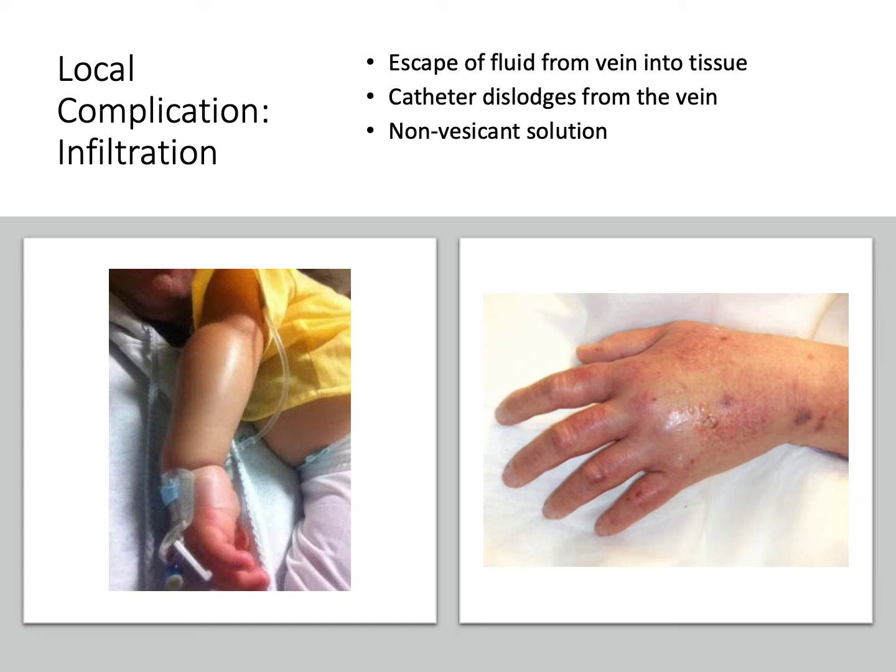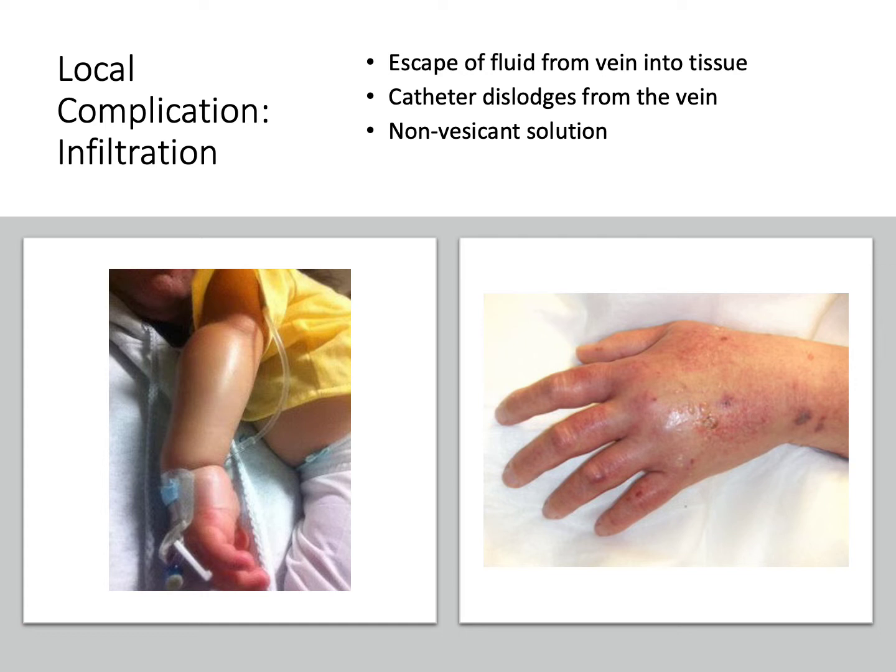And this can happen on insertion, so you think you're in, but you actually went in and then busted through the side of the vessel, and then you've put your flush in and it all goes into the tissues instead of inside the blood vessel into the circulation where it was meant to go. As you can see from the pictures, it causes swelling around the tissues where the fluid was administered.